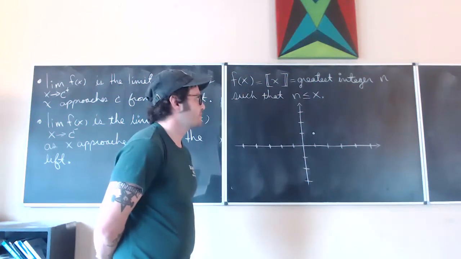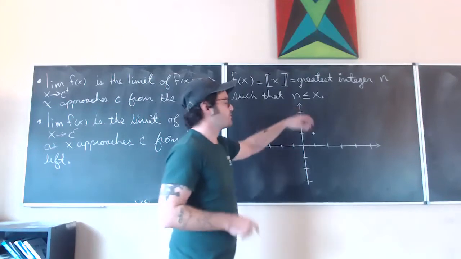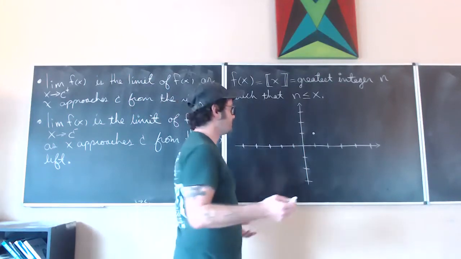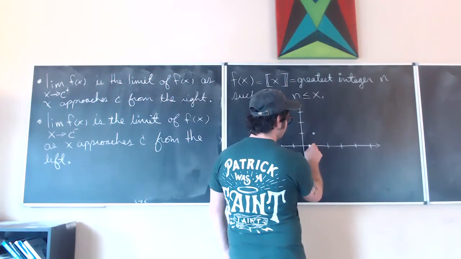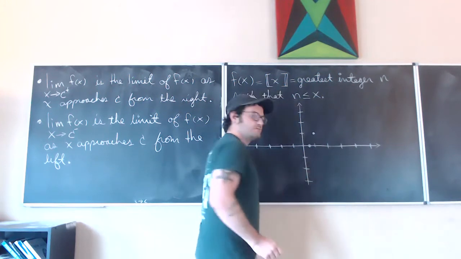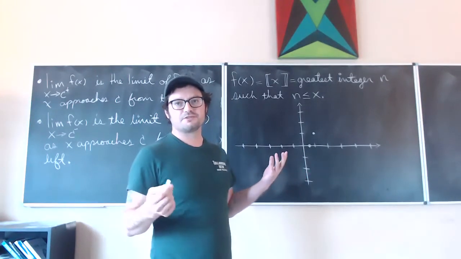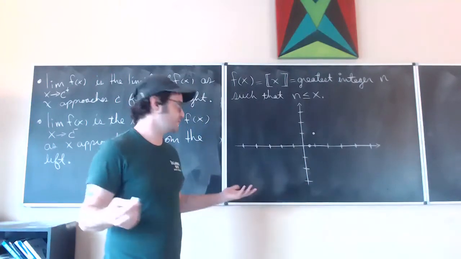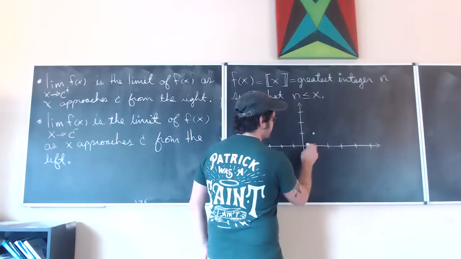Half. But 1/2 isn't an integer. Oh, so 0? Right, you want the largest integer that's less than or equal to 1/2. So for 1/2, it would be 0. What about 3/4? It's the largest integer less than or equal to 3/4. Still 0, right? In fact, we put an open circle there.